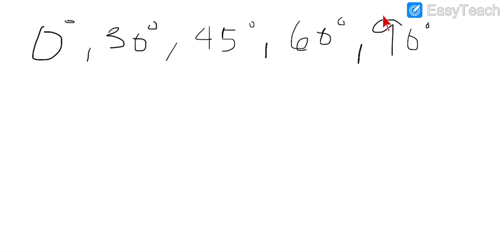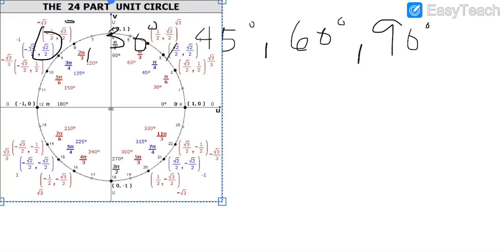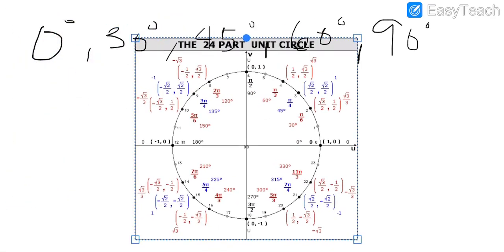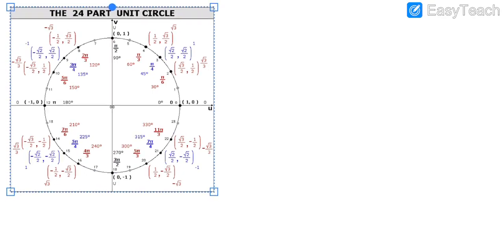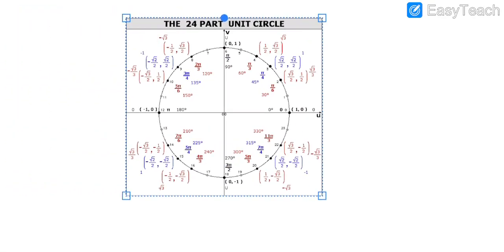These are called the special angles because they lie in the first quadrant of the unit circle. So let me just add it here, the unit circle. This is the unit circle.